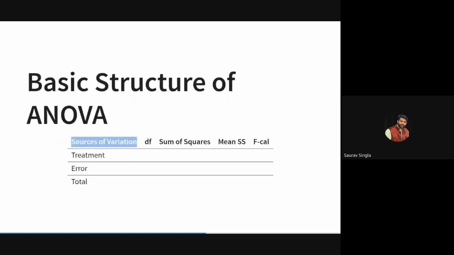In assignable causes, we are considering treatment. So one source of variation becomes treatment, and whatever else other than treatment is there becomes the error in case of one-way ANOVA. Further on, we will discuss the differences.